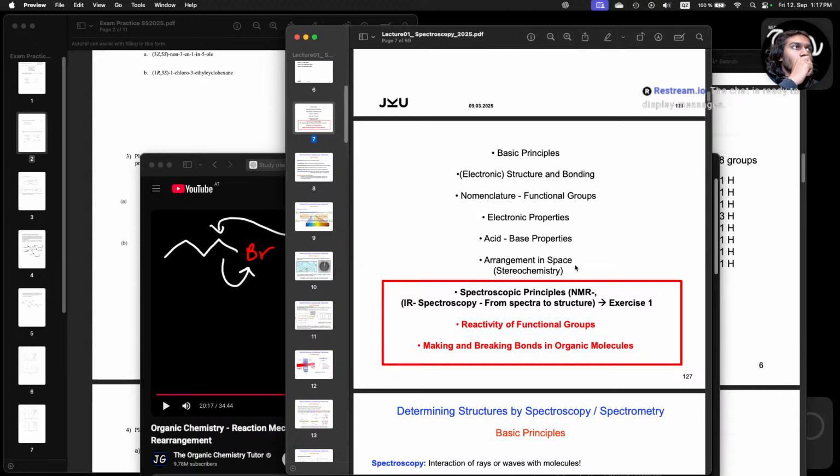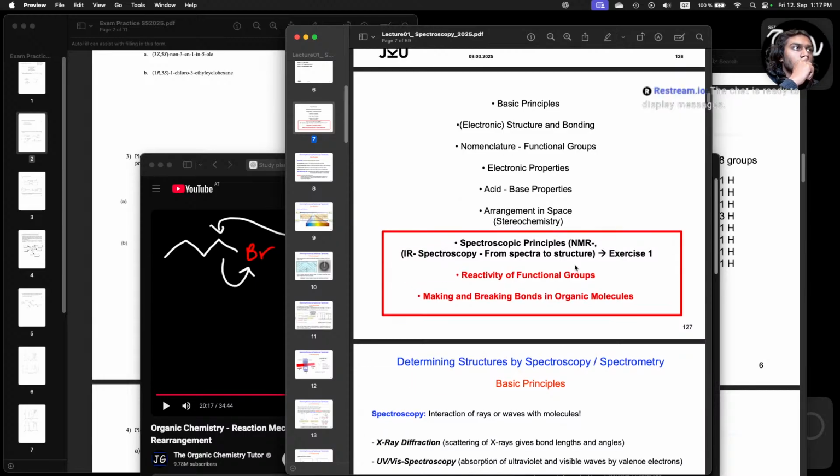Electronic structure and bonding, nomenclature, functional groups, electronic properties, acid-base properties, arrangement in space.